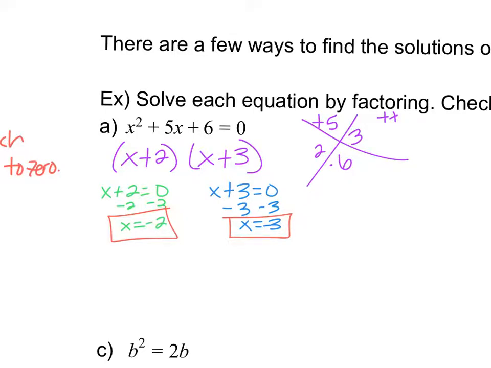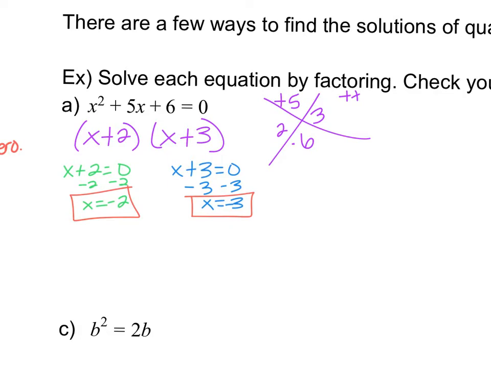Is there a way to check this? Yes, there is. Let's check it, and if we do it right, the equation should equal 0, just like it says. So negative 2 squared plus 5 times negative 2 plus 6 should equal 0.